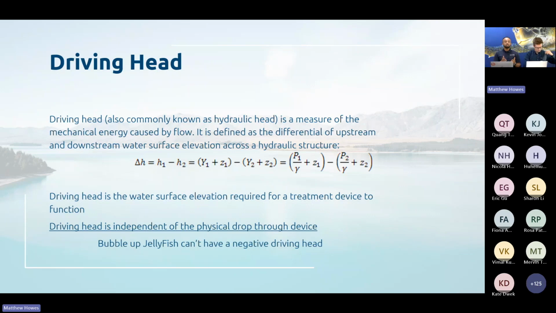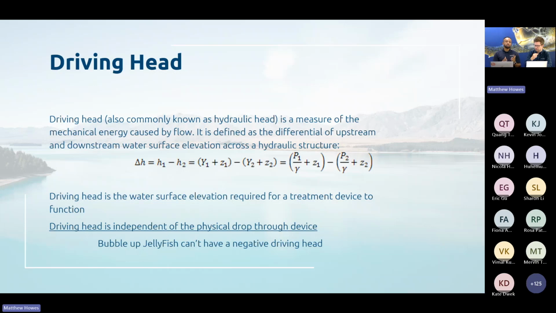The driving head is the measure of mechanical energy caused by flow. When it travels through either a stormwater treatment device or a hydraulic structure, that is the mechanical energy required. So it is the differential of upstream and downstream water surface elevations across a hydraulic structure or stormwater treatment device, and it's also known as a hydraulic head.